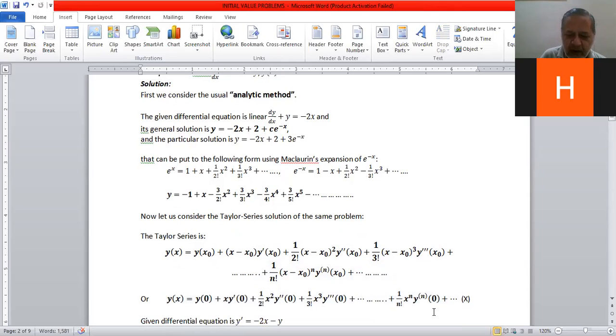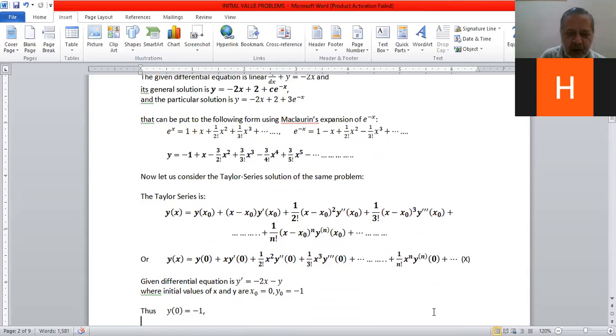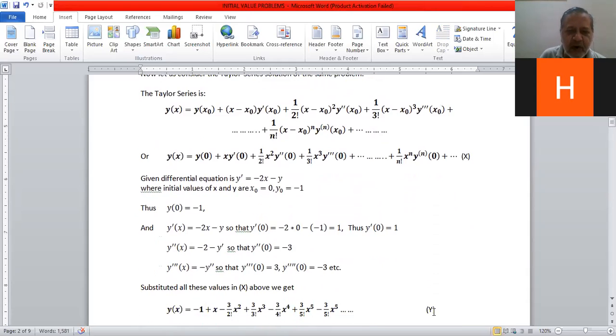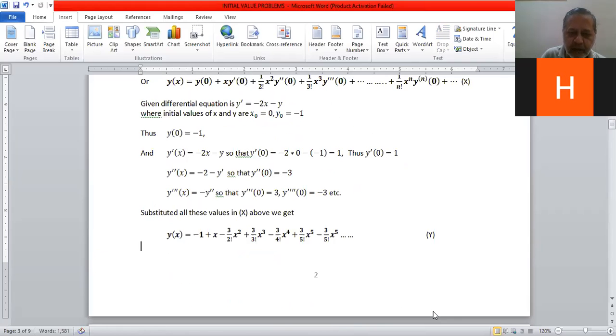I'll be using this Maclaurin's expansion to develop a Taylor series solution for this problem. Y prime is equal to minus 2x minus y.